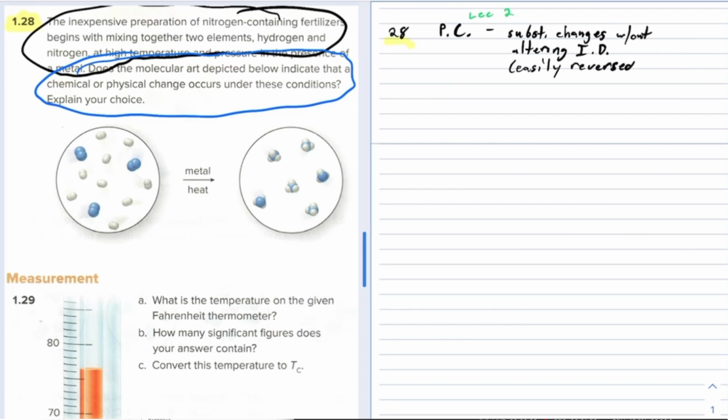And I'm going to add a little bit more to this right here. You have the same type of particle before and after the change.